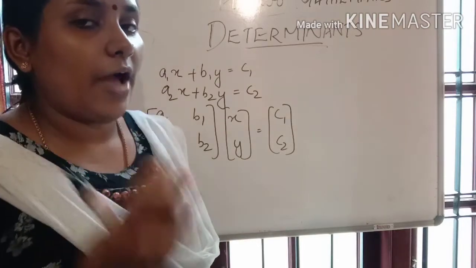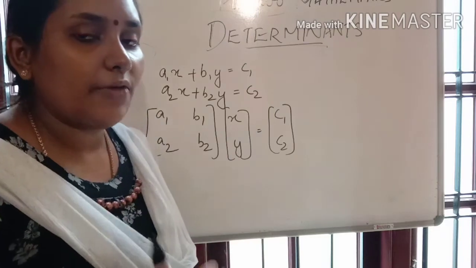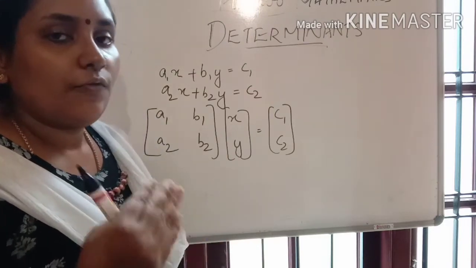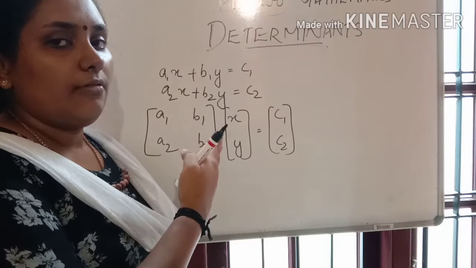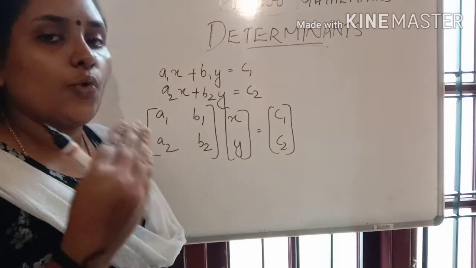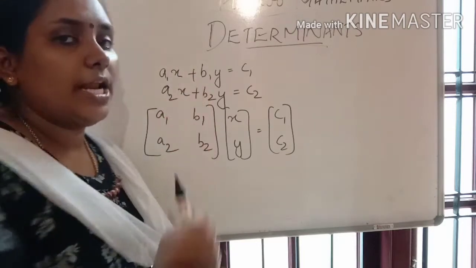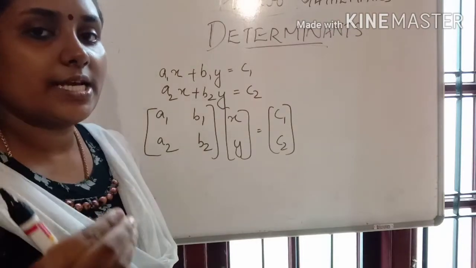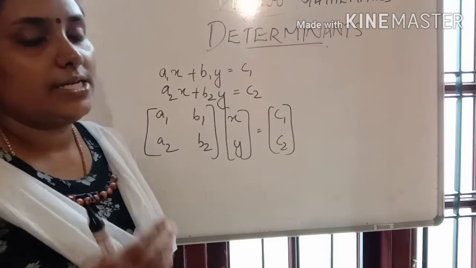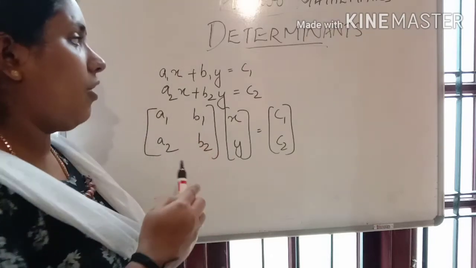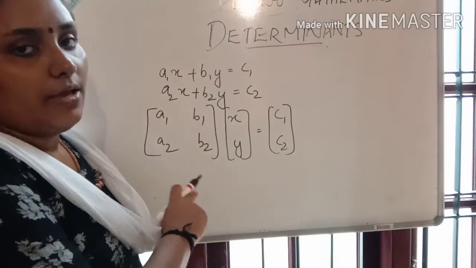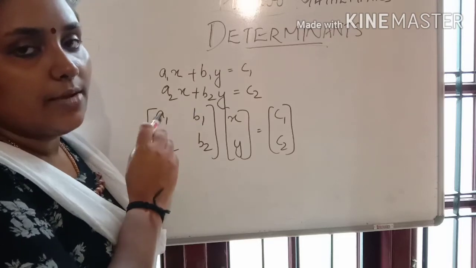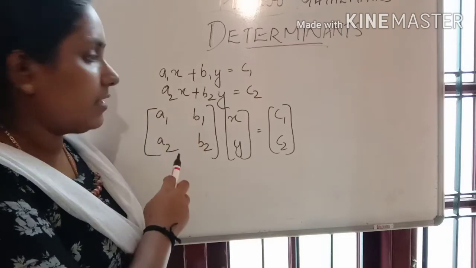In order to find the unique solution for this linear equation, we are discussing determinants, the determinant of A, the determinant of the matrix. Here, the system of linear equations is expressed in the form of matrices.